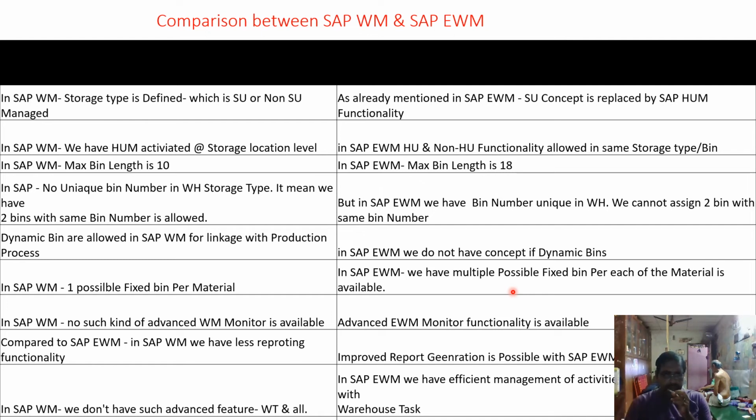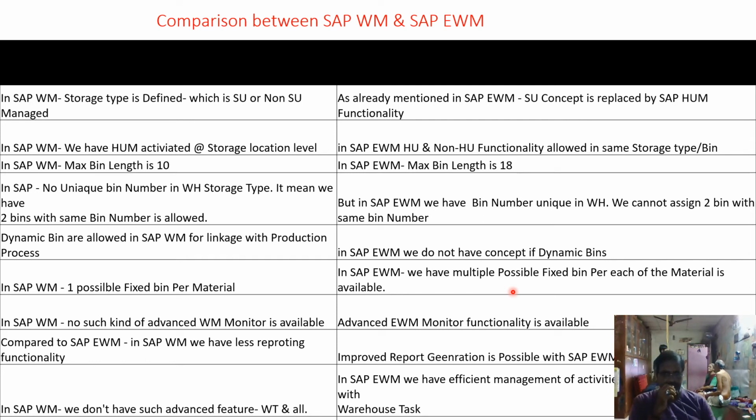In SAP WM, we do not have a central cockpit or WM monitor available. If we need a monitor, we need to customize things. We have RF monitors, but for standard WM features we do not have one. But in EWM, standard monitoring transactions and standard managing screens are available.